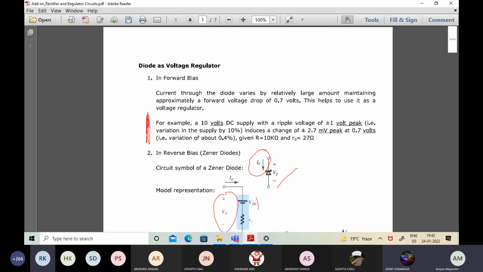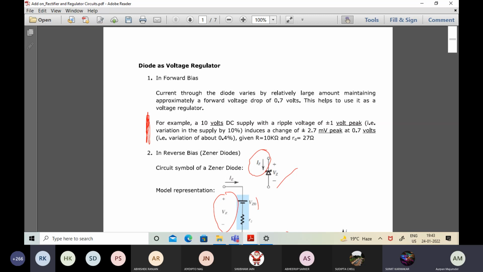Let us say you have a 10 volt DC supply with a ripple voltage of plus minus 1 volt peak, and you are trying to get a regulated outcome making use of a diode.